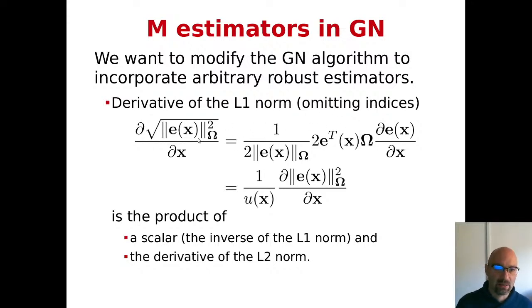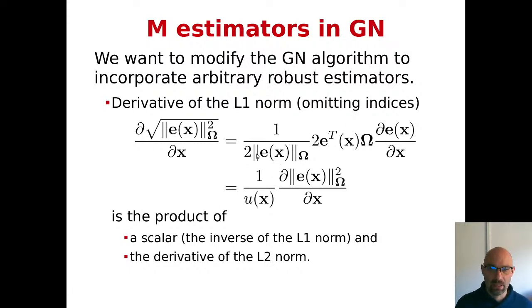Now, the inner part is the L2 norm. On the bottom floor, you find the square root of the square, which we could write just as the L1 norm, and at the end you retrieve the usual derivative of the L2 norm, with the difference that we can drop the 2 here and here.